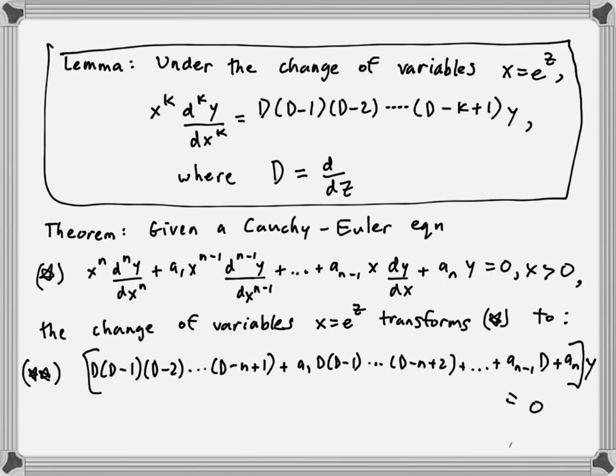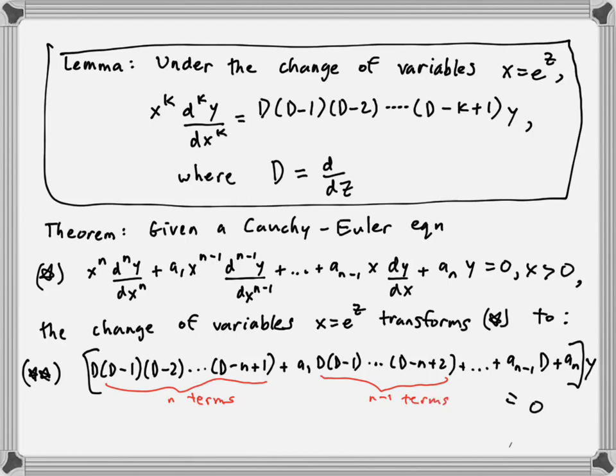This might be hard to read, but the way that you want to think of this is that there are n terms here. Here there are n minus 1 terms.